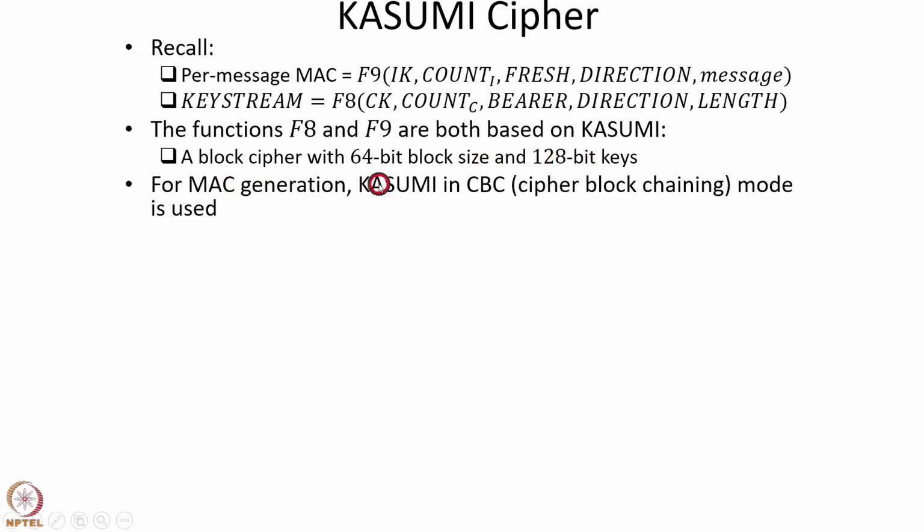For MAC generation, Kasumi in CBC, that is cipher block chaining mode, is used. In the context of Wi-Fi, we discussed CCMP, and there also cipher block chaining was used to generate the MAC. A similar process is used to generate the MAC using Kasumi in the case of UMTS.